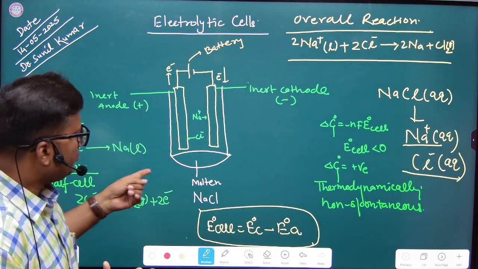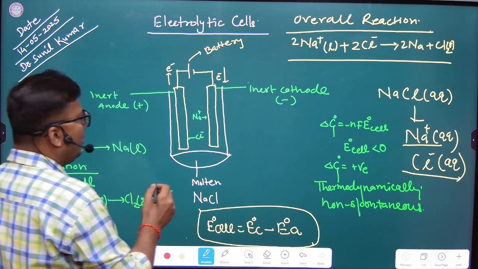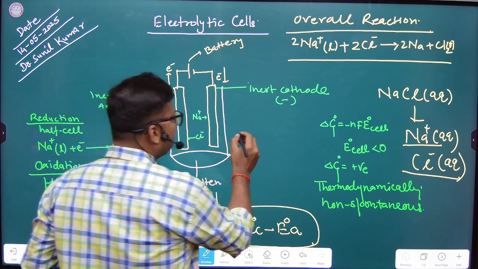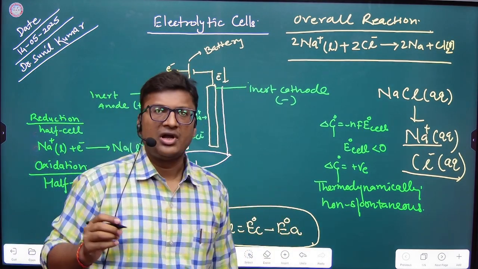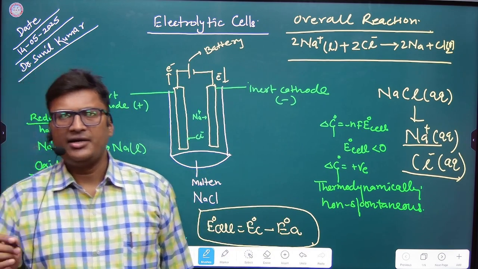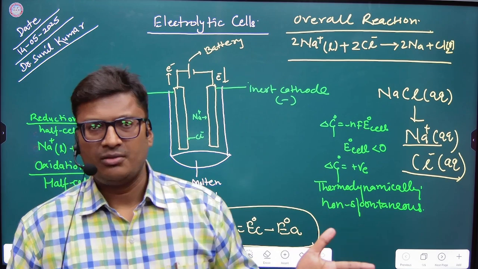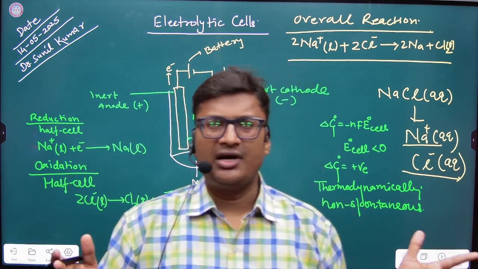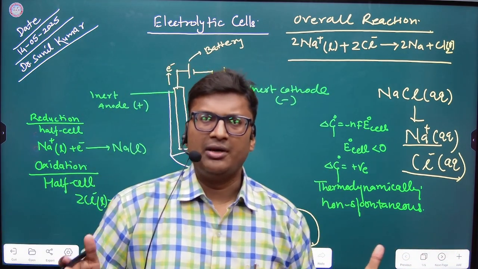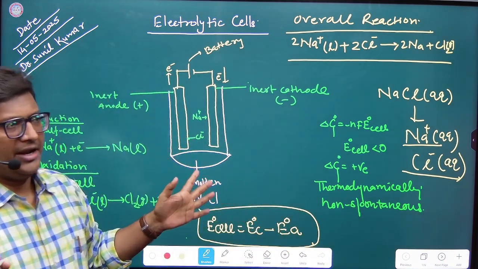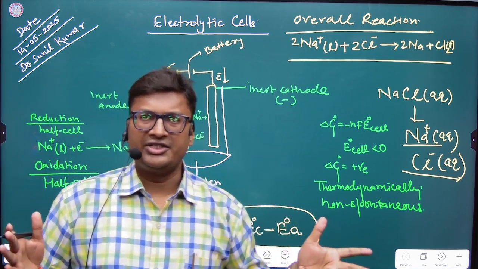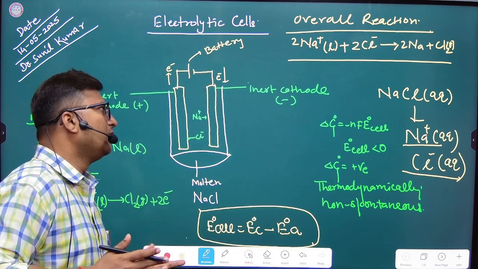So suppose we have sodium chloride in the molten state. Molten state means in the melting form. In the melting form, it has liquid sodium and chlorine as gas.